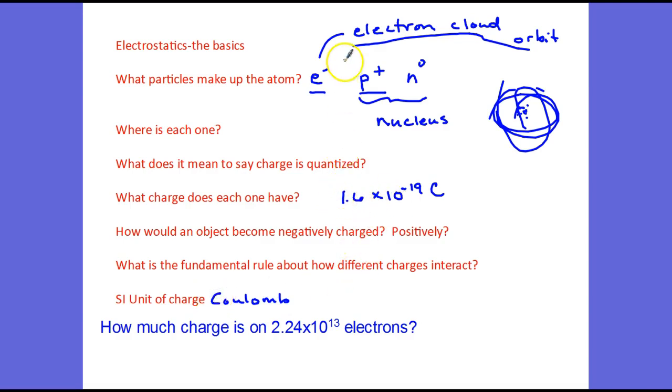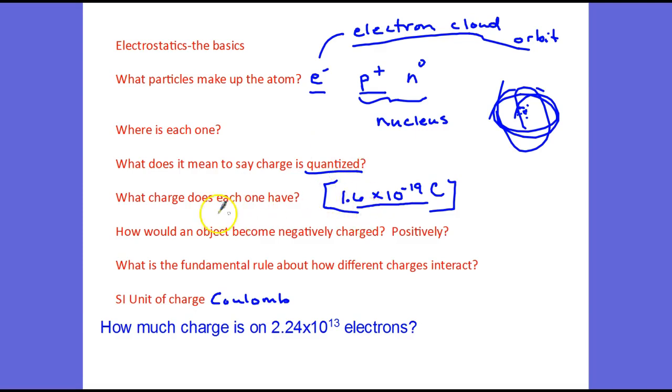A proton has positive 1.6 times 10 to the minus 19th coulombs, and the electron has negative 1.6 times 10 to the minus 19th coulombs. And charge comes in this quantity or multiples of that quantity, not in any other. You can't have 1.2 times 10 to the minus 19th coulombs because this is the quanta of charge.